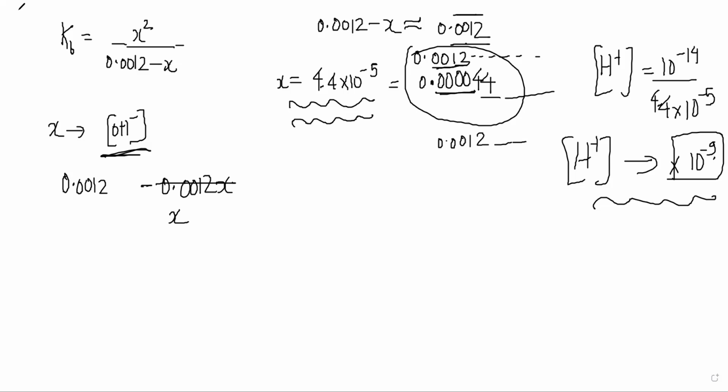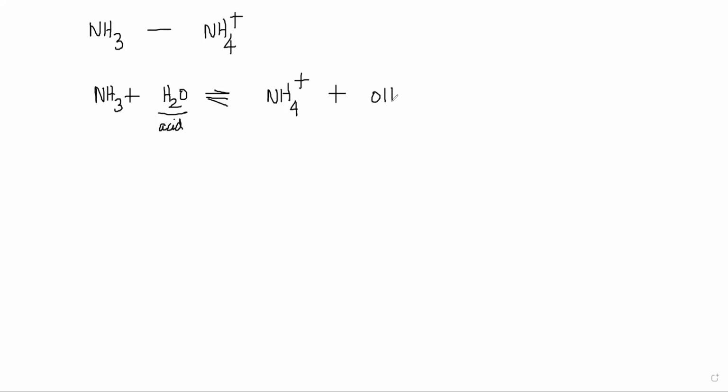So basically what he's saying is for a conjugate base and acid pair, one reaction becomes NH3 plus H2O becomes NH4 plus OH minus. NH4 plus is the acid here and NH3 is the base. This is the Kb value, right?